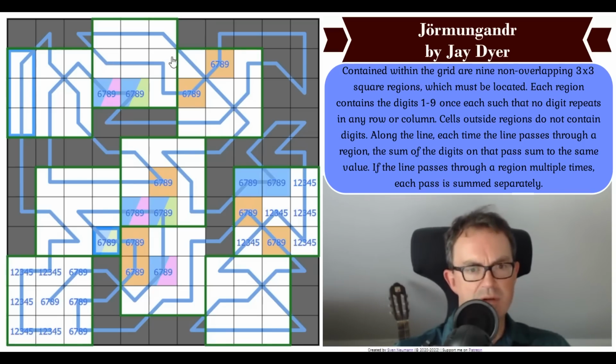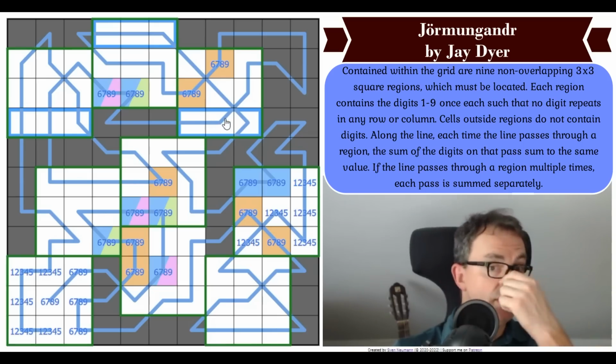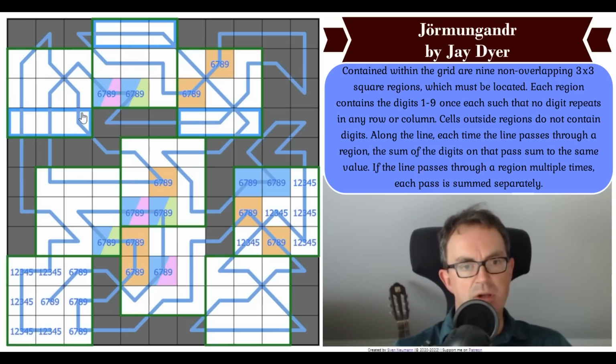The top of the grid also looks a little, so those are the same digits. I know nothing about those digits, so the only thing I can see from that is that at least one of these is orange, because I can't put 2 oranges here because they would be on the same line.